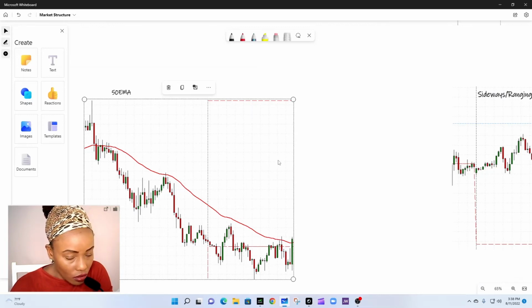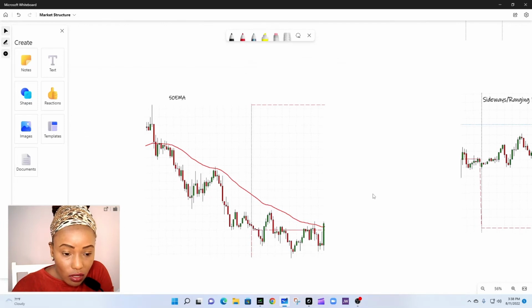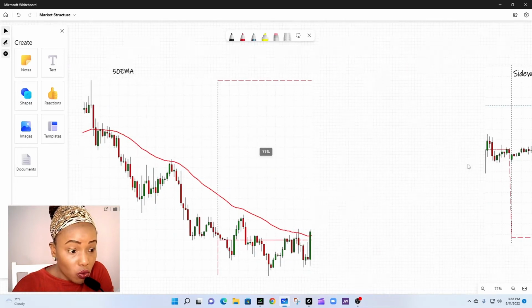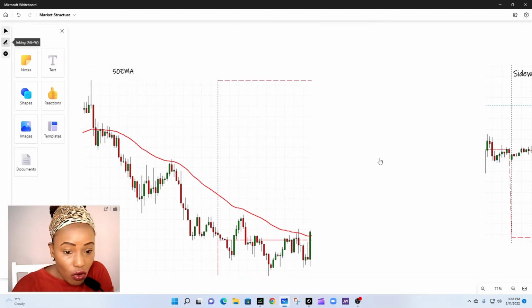Once you set the moving average, the chart will just show. As the price is moving, it will come and bounce off your moving average. So all you need to do is look for trade entry opportunities.